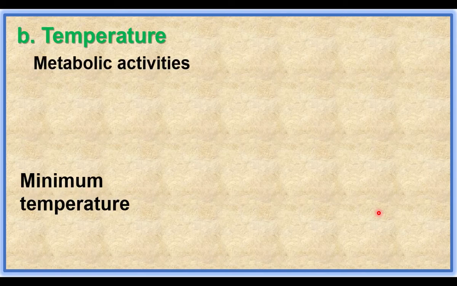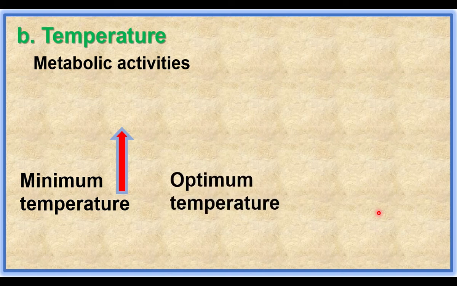Temperature influences metabolic activities and physiological activities of organisms. At minimum temperature, the physiological activities are at a low level. When the temperature increases, at a particular temperature the physiological activities are at maximum level.